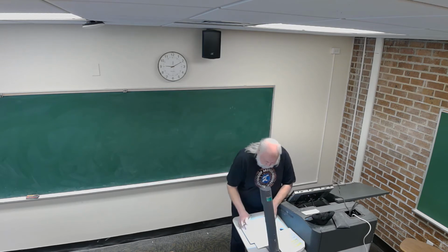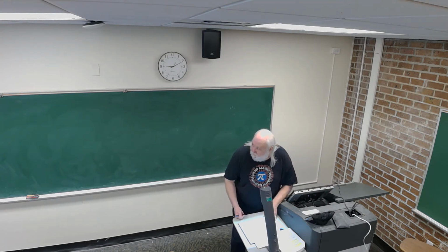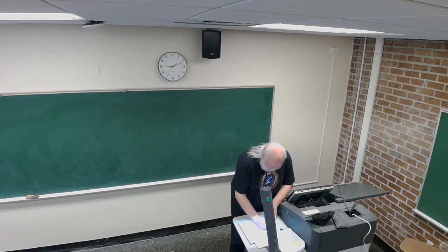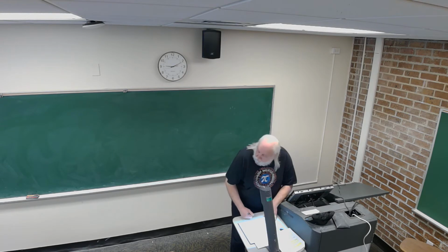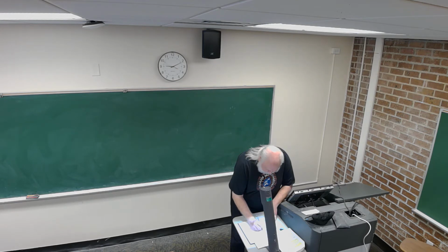Sometimes I forget where this is positioned on the document camera, so if you can't see what I'm writing, please say something. When you solve for x, you get x can't equal 1. So the domain is all real numbers except for the number 1. In interval notation, it's minus infinity to 1, union, 1 to plus infinity.